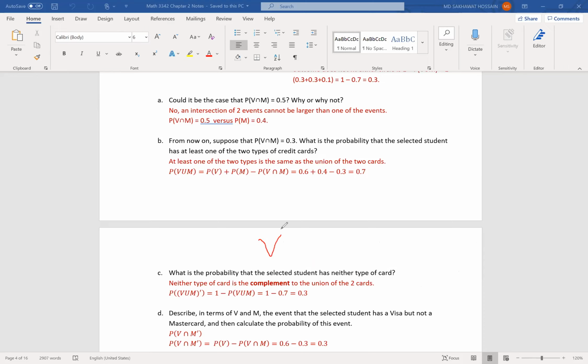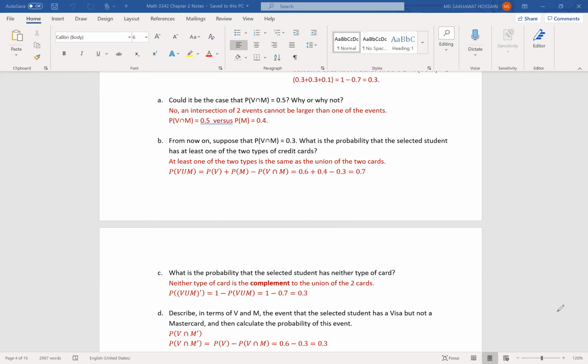A student having a Visa card means V, but the student doesn't have a MasterCard, so that means the complement of MasterCard. So that means V intersection M prime. So this is the event for part D. The student has a Visa card but doesn't have a MasterCard, so this is the event for that.